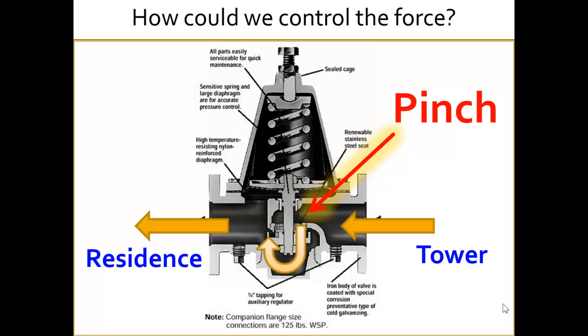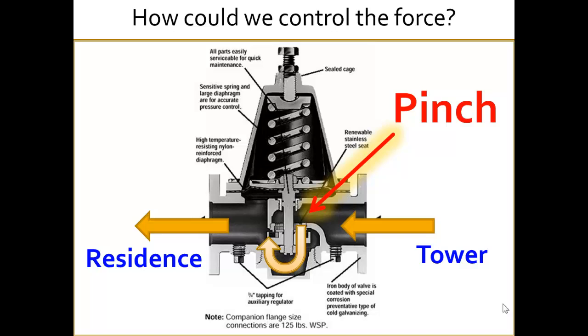But what the regulator does is it senses the water pressure from the residence. In other words, the water comes down from the tower, flows through this valve, it fills up the pipe between the regulator and your house, and as it fills up, the water pressure backs up from the house into this regulator, and it pushes against that spring to close the valve.